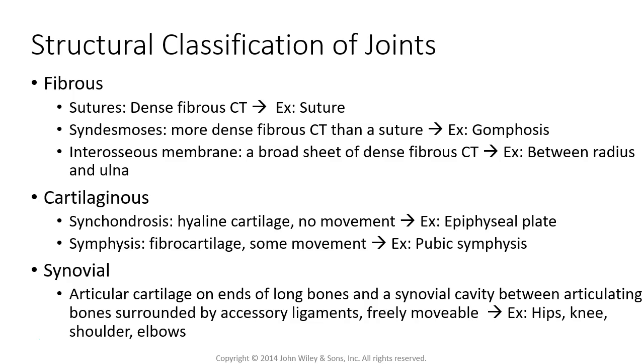Okay, fibrous is the first structural classification. Here we're going to see some sort of dense fibrous connective tissue. We have sutures, syndesmosis, and interosseous membrane. A suture is simply the connection between two flat bones.